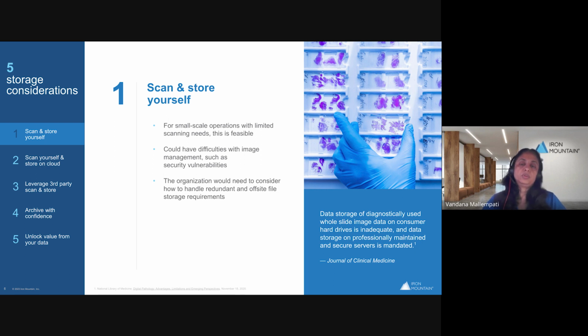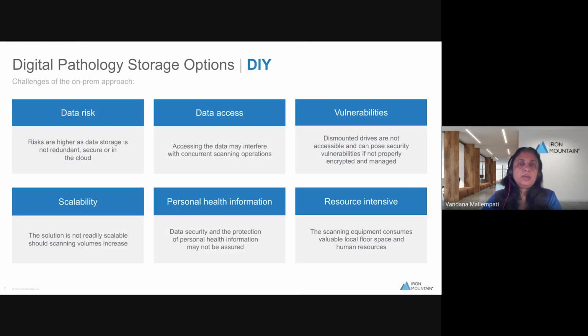This particular approach involves staffing of the resources, capital costs, and on-site IT expertise, and due to these challenges, there are better options for moderate to large scale operations and those that need to quickly establish a cost effective digital pathology practice.